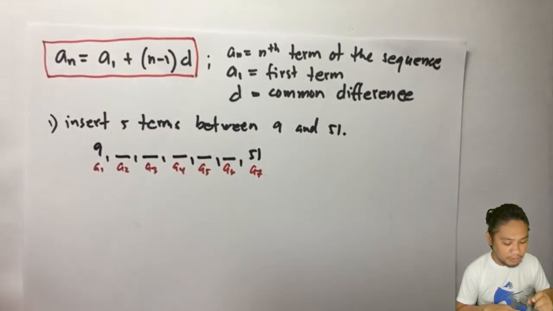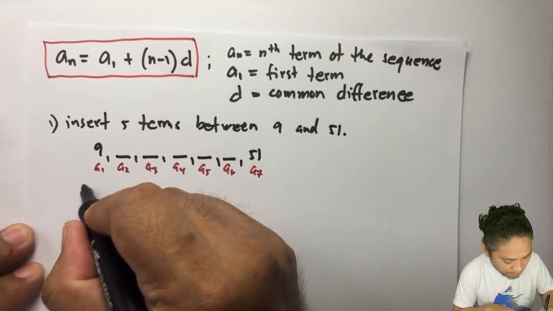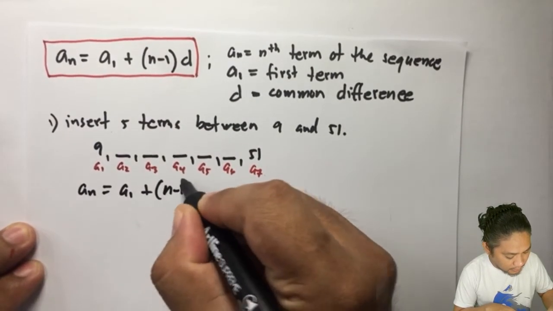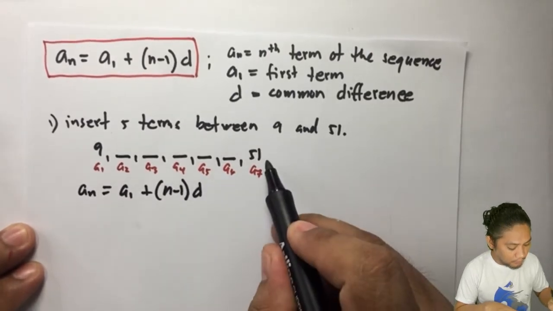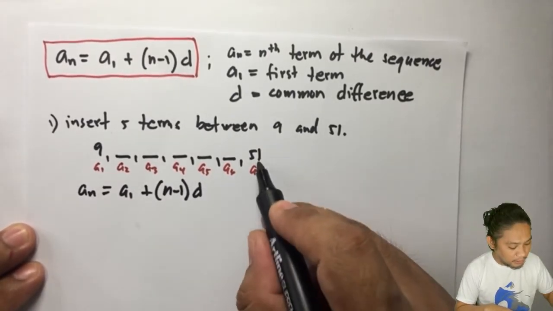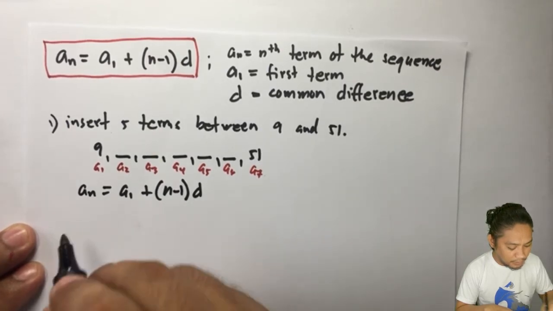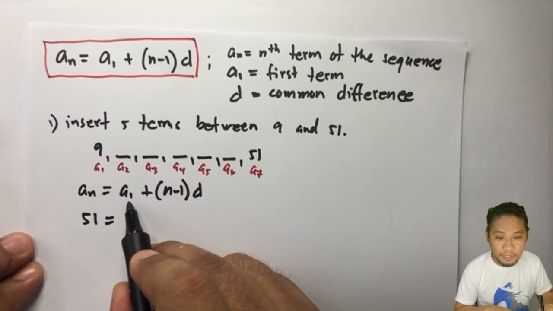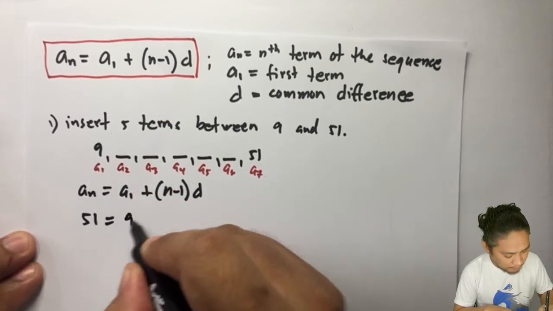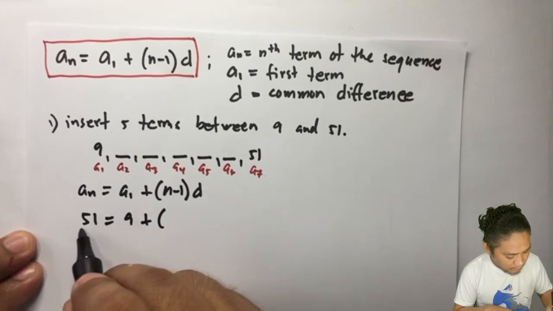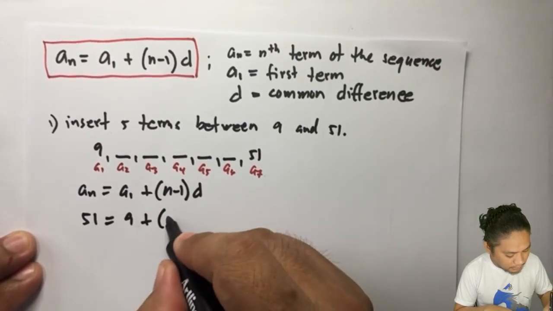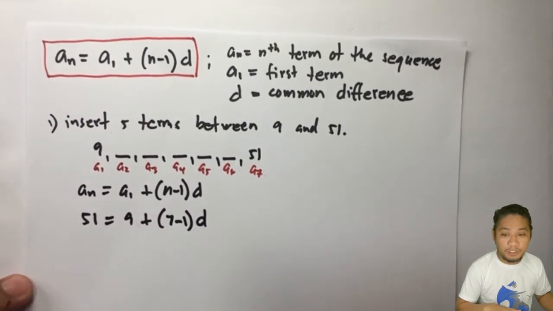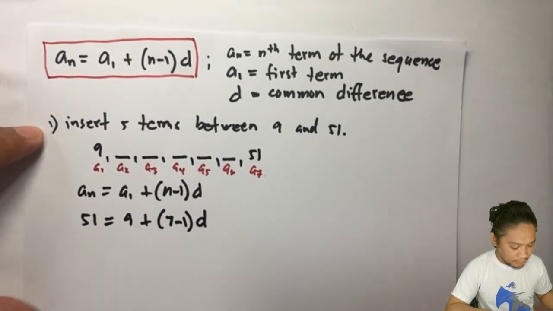Using the formula a sub n equals a sub 1 plus n minus 1 times d, 51 is our nth term, our first term a sub 1 is 9, and since 51 is the seventh term, we use 7 for n. Our objective is to solve for d.